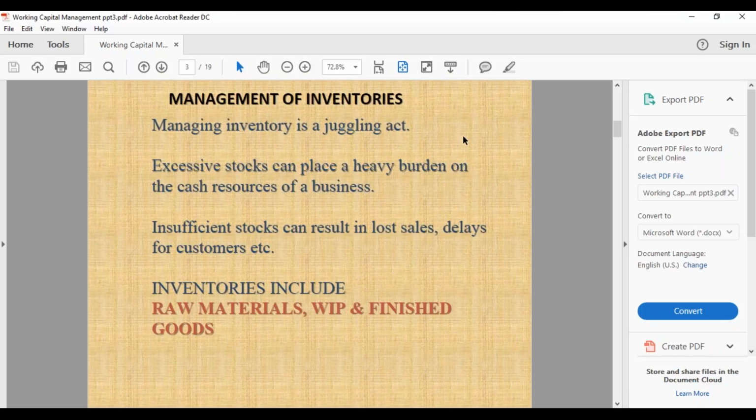Okay, good. So I'm talking about inventory management, and managing the inventory is very important because if you don't have enough inventory, you'll not be able to make enough sales. You'll not be able to meet the demands. And if you're carrying too much inventory, you might have to incur a lot of cost for keeping that inventory in stock.